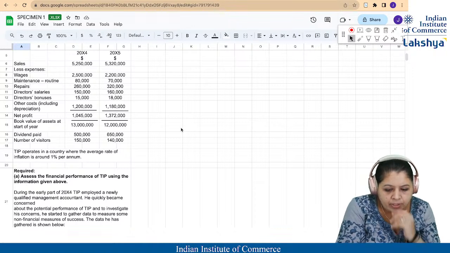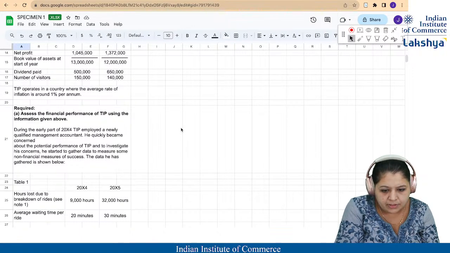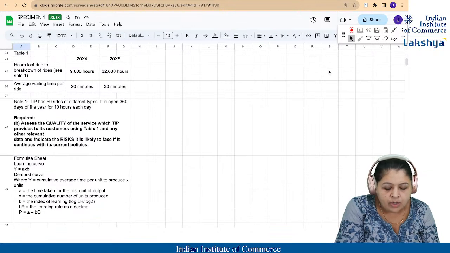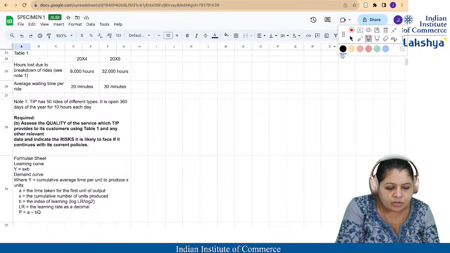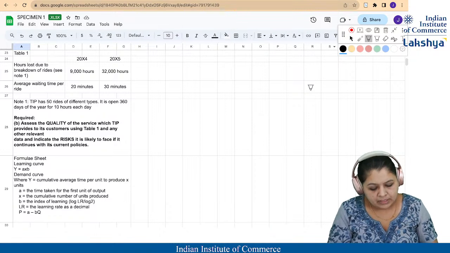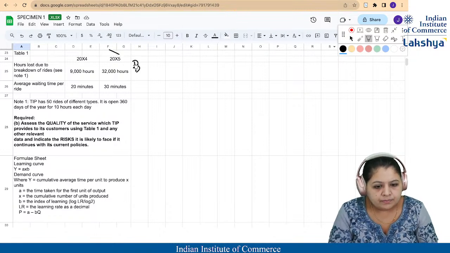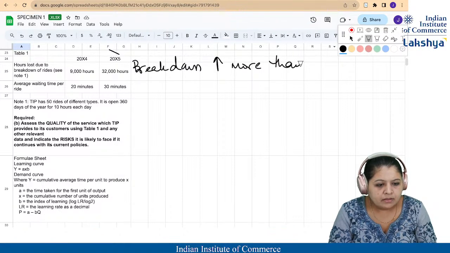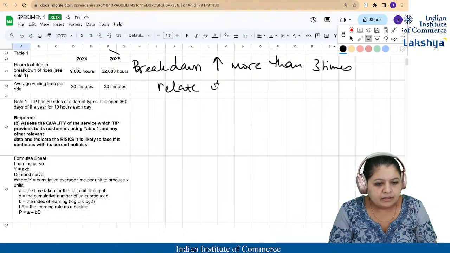What else I wanted to show you is the last answer for this question, which is how to assess the quality of the service which TIP provides. So in this one also, what you can write is you can talk about the breakdown, which has increased more than three times, and relate it to maintenance and repairs, right?